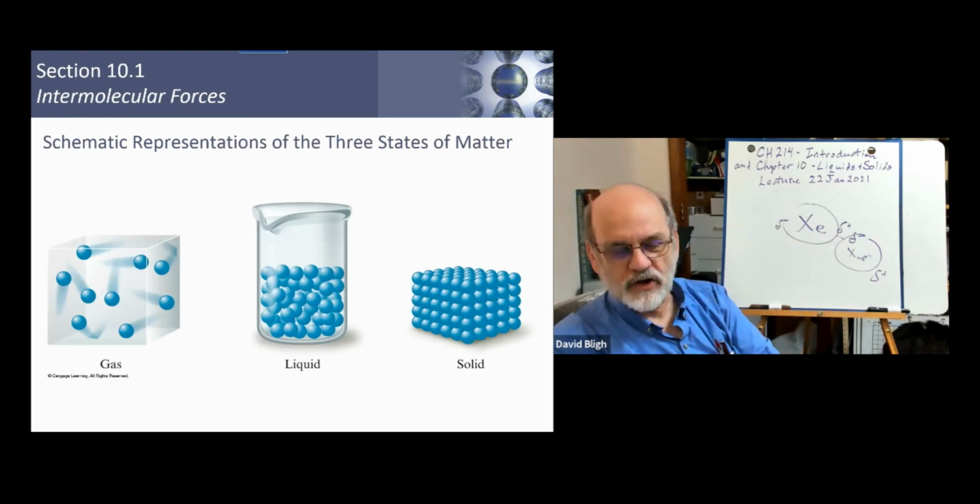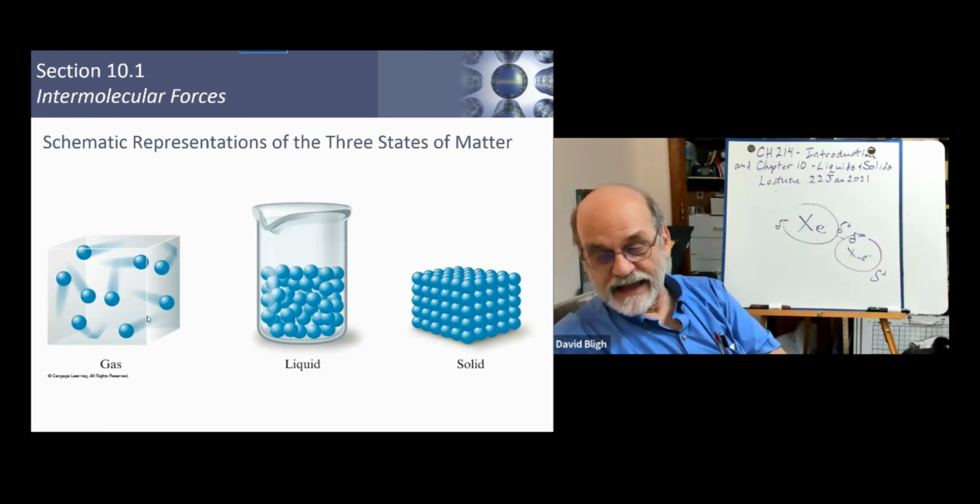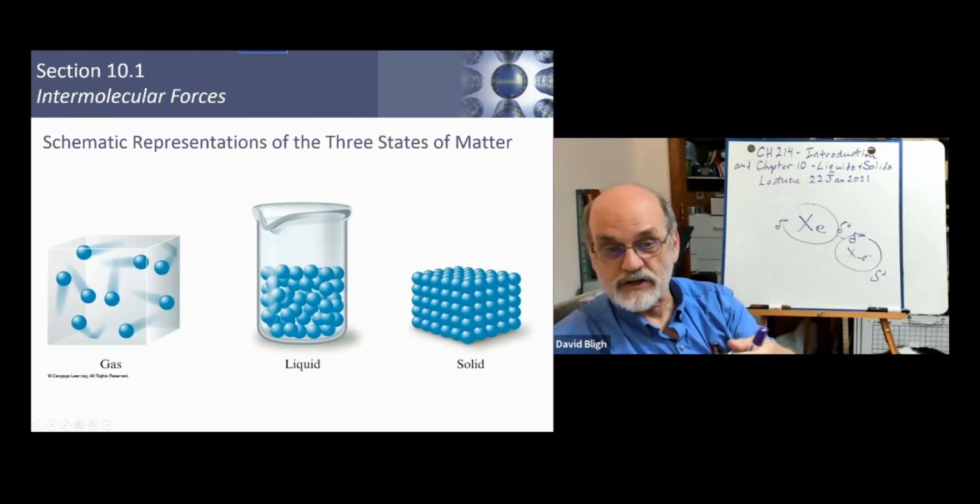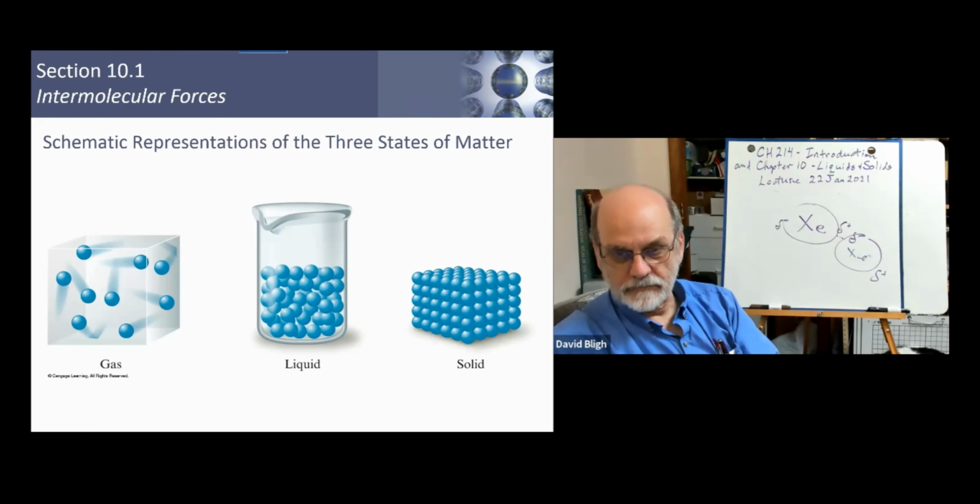So that's what we're trying to show here. In a gas, the forces are not strong enough. The temperature, the kinetic energy of the atoms or the molecules is just way too high. You got to start cooling it down, adding pressure, getting them close together with low energy so that they can start to attract one another. And when you do that, they turn into a liquid.